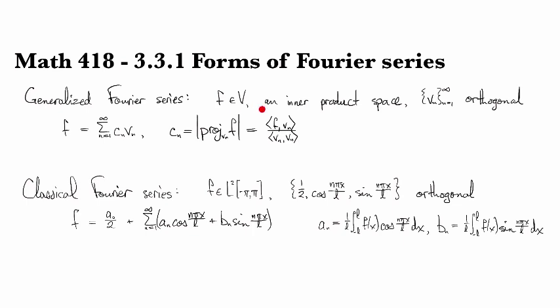So for any element F of an inner product space V, if we have an orthogonal system, a sequence of orthogonal vectors Vn, and F is given by the sum of Cn Vn as n runs from 1 to infinity, then it will necessarily be the case that those Cn's are the lengths of the projection of F onto each of the corresponding Vn basis vectors. And so that's given by the inner product of F against Vn over the inner product of Vn against Vn.